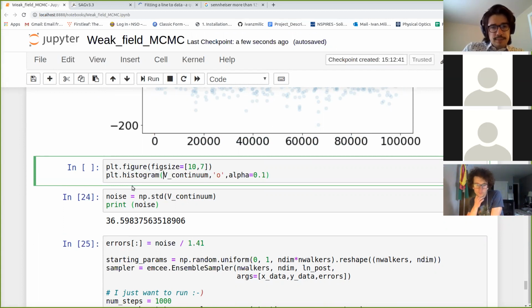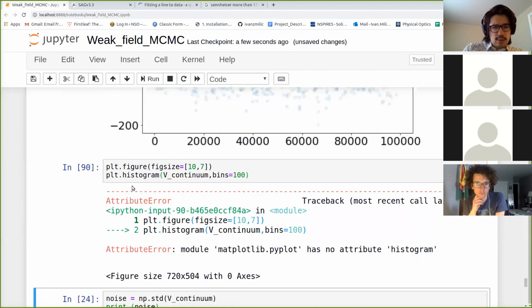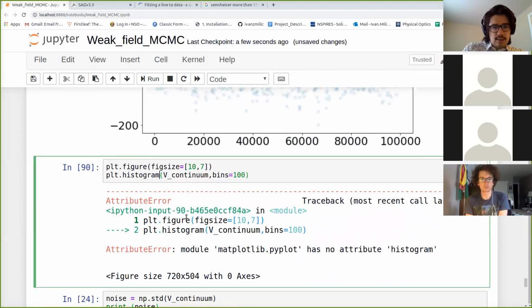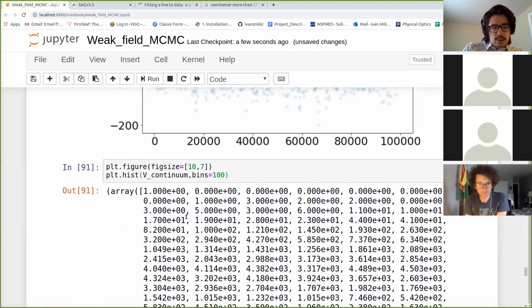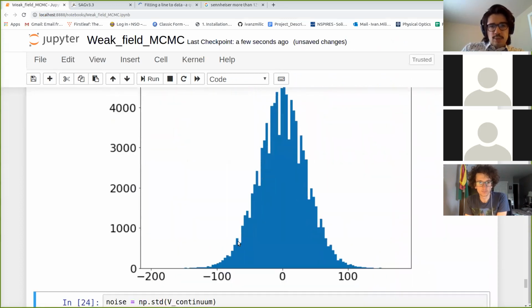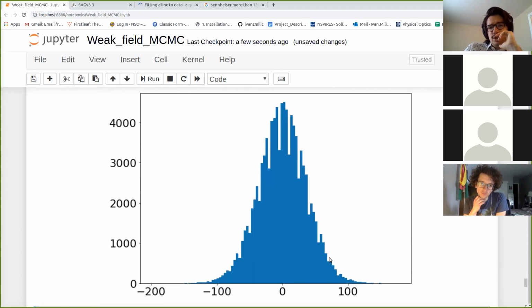Is it just histogram? Let's say bins equal 100. No, it's hist. And that histogram looks like this. There are some values missing. I think this is because of the integers, but you see that the shape of this is very Gaussian.